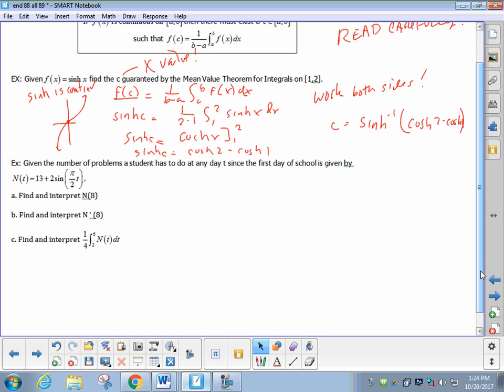These average value problems often appear on AP free response questions and interpretation pieces here, along with a few others. So say I gave you the number of problems a student has to do at any time t since the first day of school is modeled by this. Now, I'm usually pretty good at writing models, but this isn't a very good model. I apologize. What would this imply?